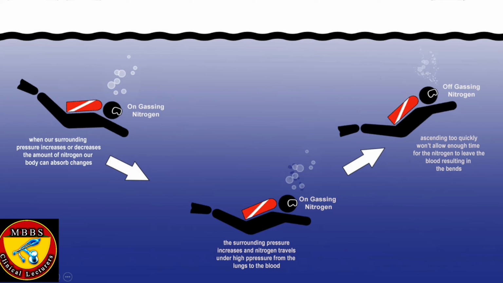I'll explain what bends is, but at this moment, just try to understand how the nitrogen bubbles are formed. If the scuba diver does not ascend slowly, if he ascends very quickly, then the nitrogen in the blood remains undissolved. It forms small bubbles within the blood, and these bubbles are circulated as gas emboli within the vasculature.